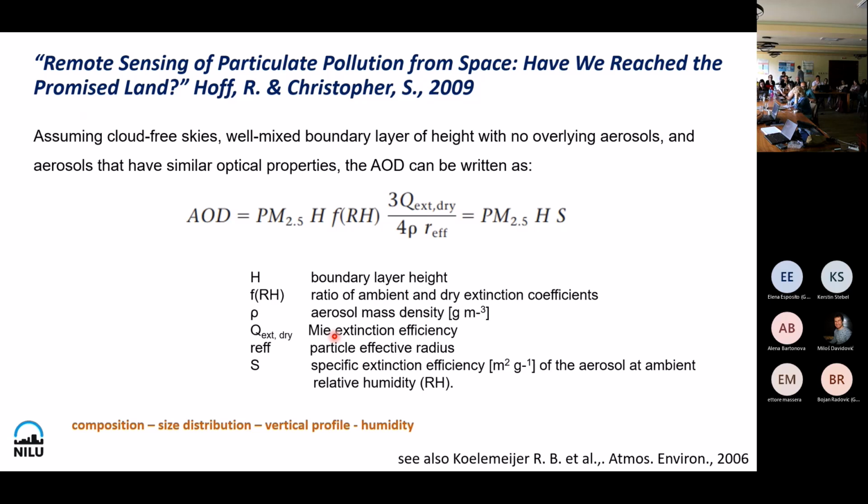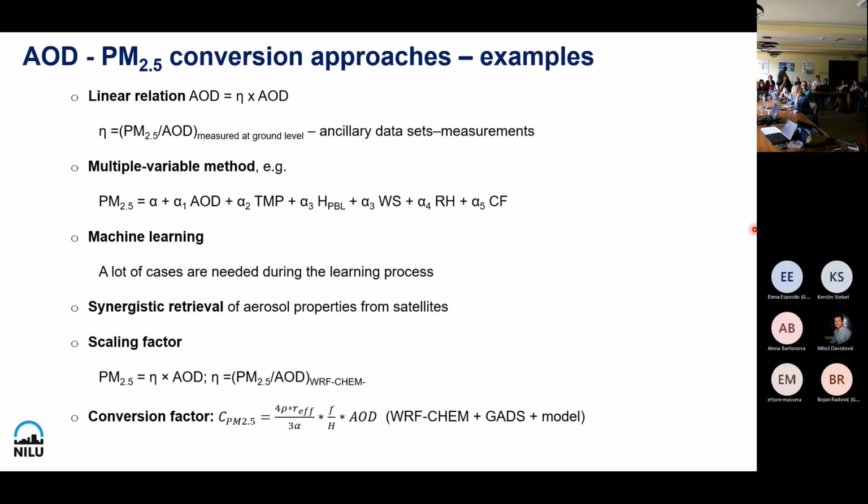It's a function of the boundary layer height, the ratio of ambient and dry extinction coefficient, the mean scattering efficiency, so the size, and the relative humidity. So there is a correlation which you can use under these conditions, but these conditions are tricky. That's why people are turning to modeling and machine learning.